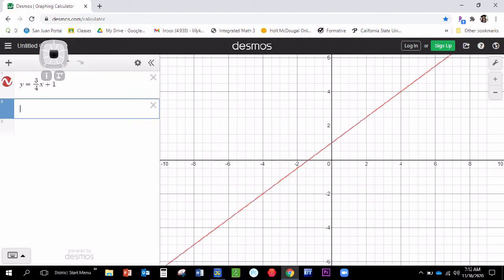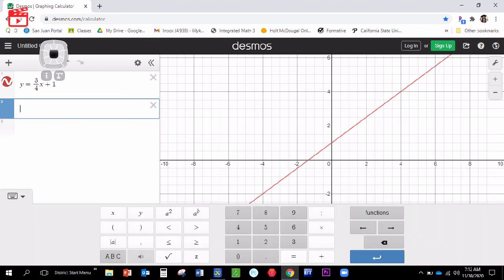Here's my second equation, and I'm going to show you how to use the keypad now. If you are not sure how to do that, I'm going to type in my next equation of negative. You can do a minus for negative on this one, I believe. Oh, you know what, you guys, I forgot my y equals. So here's y equals a negative, what am I having? A -1/2.